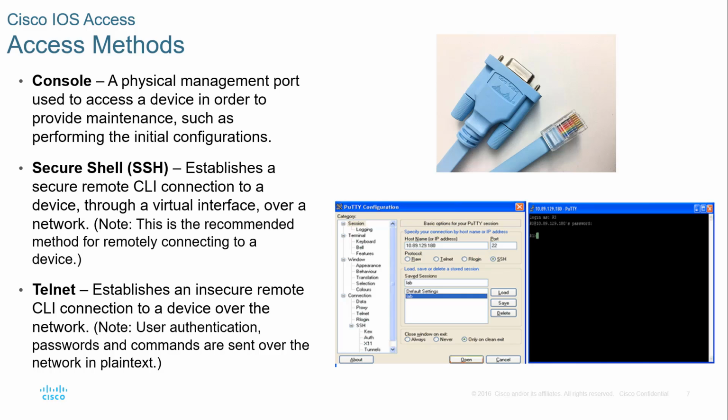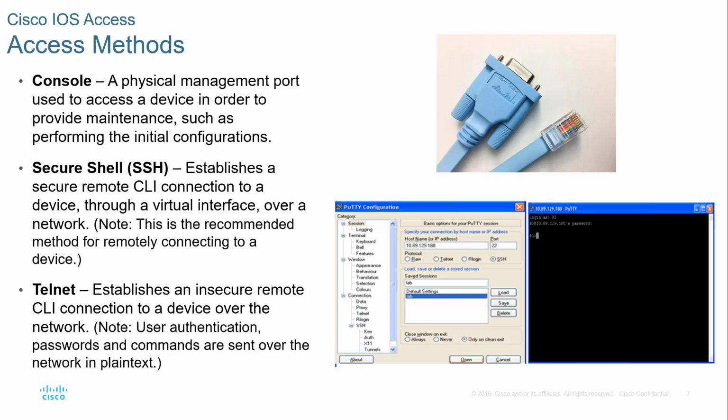Both Secure Shell and Telnet can be used when connecting to the networking device. The console port is a management port that is used to, lo and behold, manage the actual device. But that means you have to have physical access to the device.